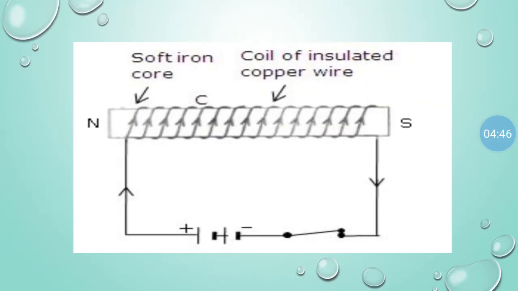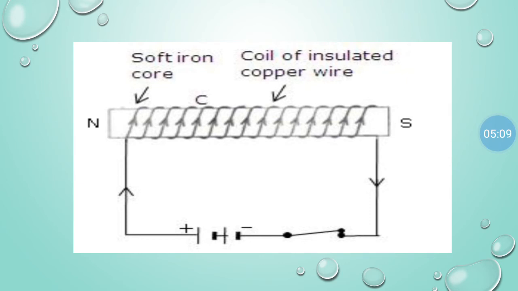Here in this figure, we can show how we can make an electromagnet. Here we take a coil and the two end terminals of the coil are connected with a battery and key.